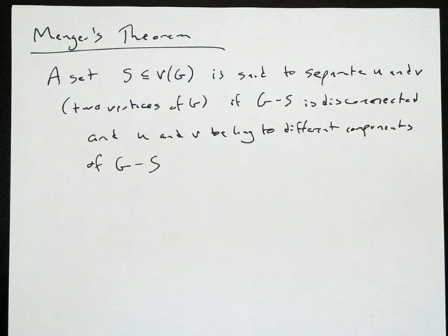All right, wait a minute. If S separates U and V, then U and V have to not be adjacent vertices, and S has to be a vertex cut, because we end up with G minus S being disconnected.